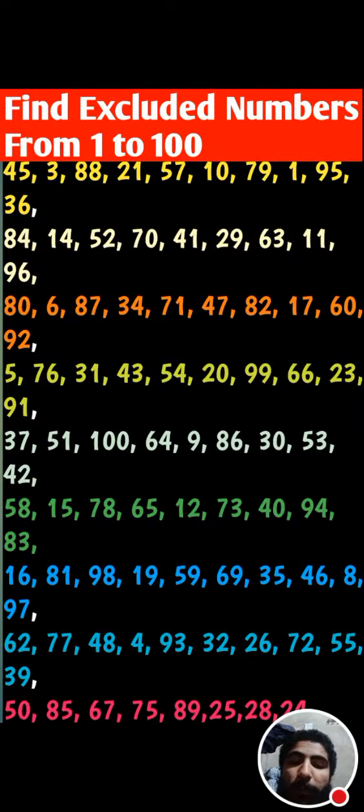So we have found one missing number, our first missing number, that is 2. So we have found two numbers. One is included, that is 1, and we have found another number that is missing, that is 2. So we have to move onwards.